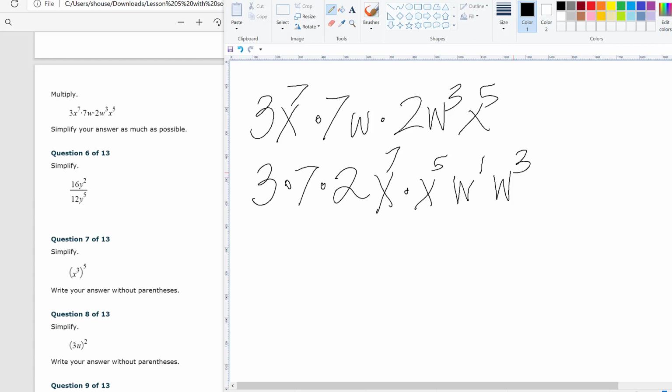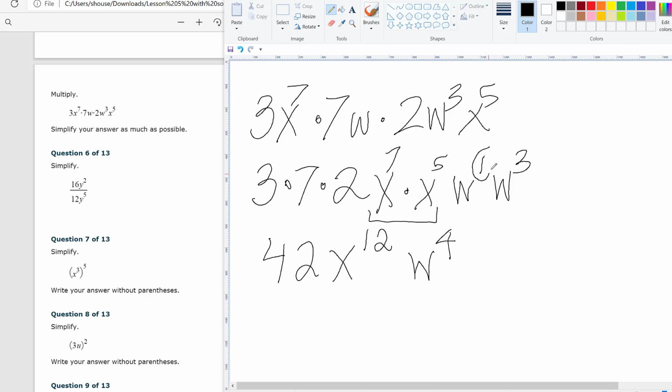3 times 7 times 2 is going to be 42. Just take out your calculator, multiply that. I've got x to the 7th and x to the 5th. Well, I know I'm supposed to add when I multiply, so that's x to the 12th. And now I've got a total of w to the 4th.